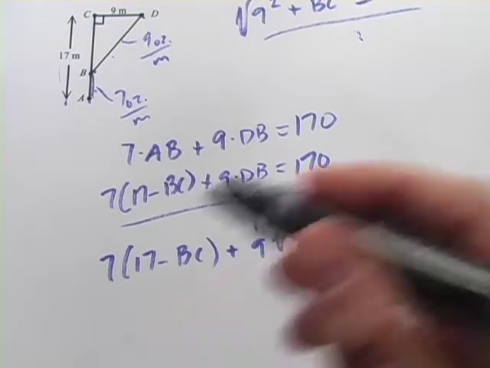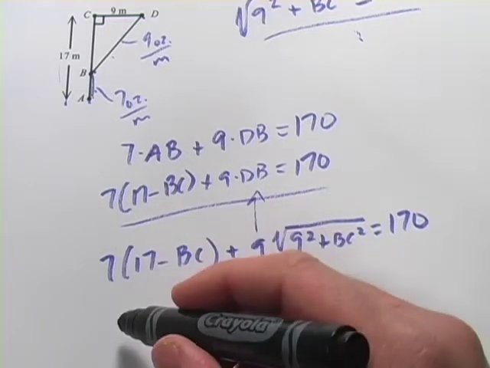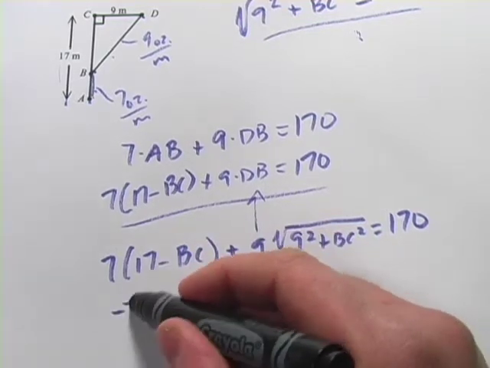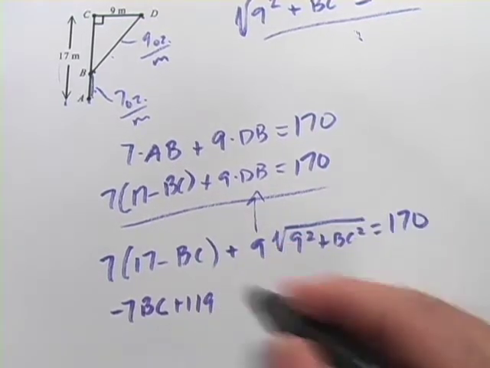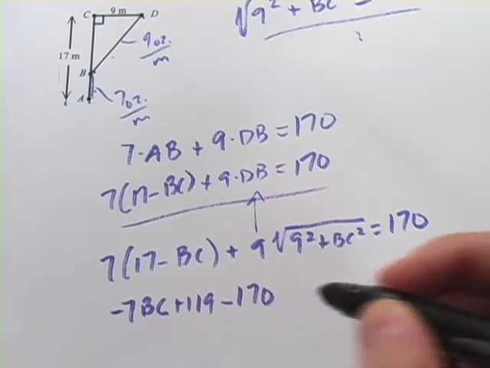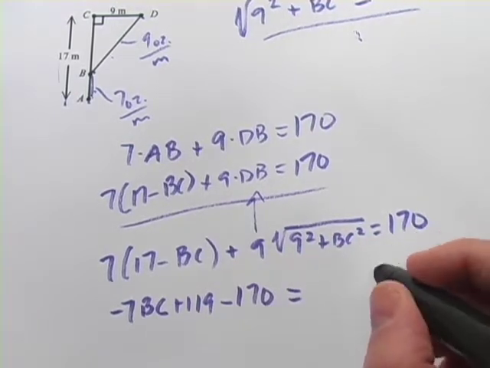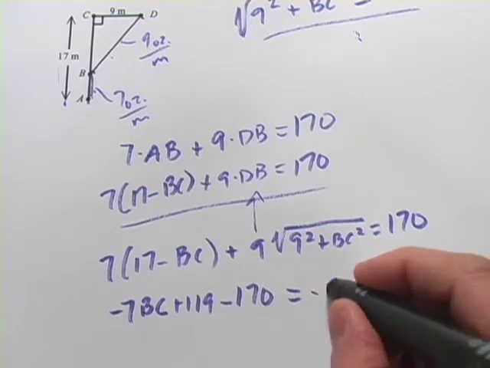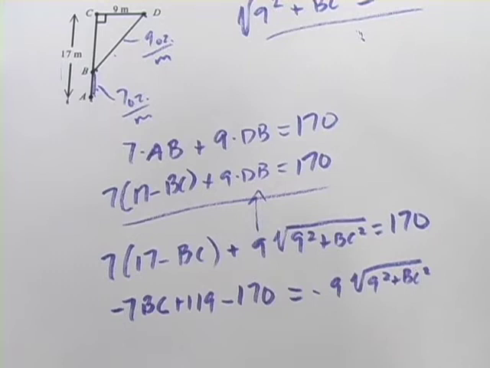So let's do that, and while I'm at it, I'm going to do a little bit of multiplying through. So let's call this negative 7 BC plus 119. I'll move the 170 over here, minus 170 equals, and I'll move this over here, negative 9 times the square root of 9 squared plus BC squared.